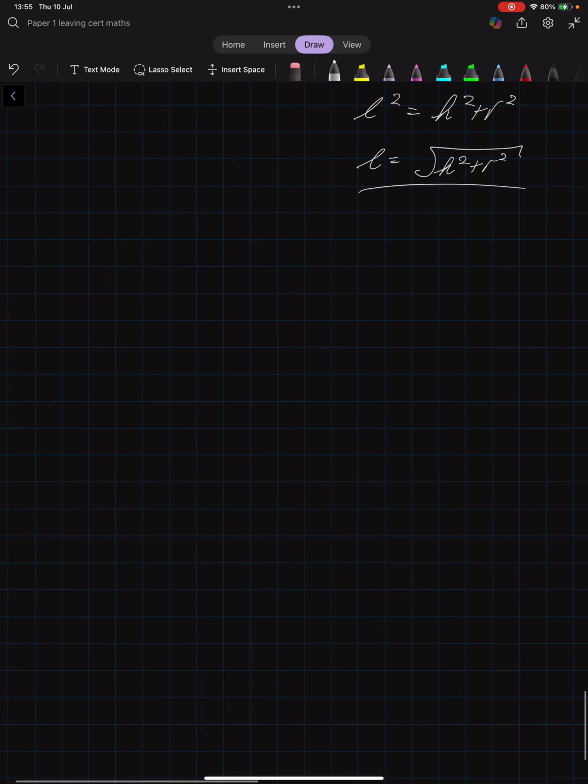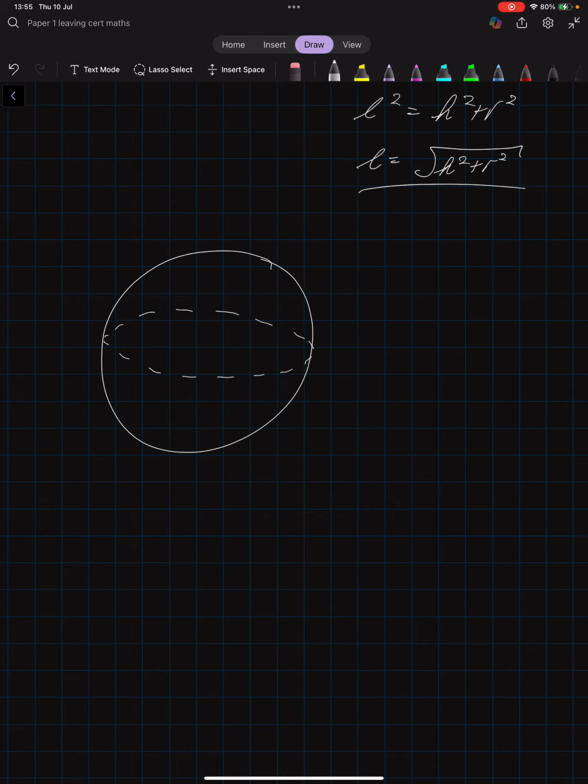And finally, a sphere. A sphere is the most important shape out of all of them, it's the most common one that comes up. So for a sphere, you have a little sphere around here, where this radius is r.